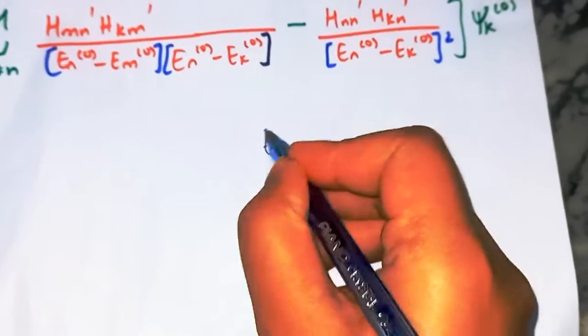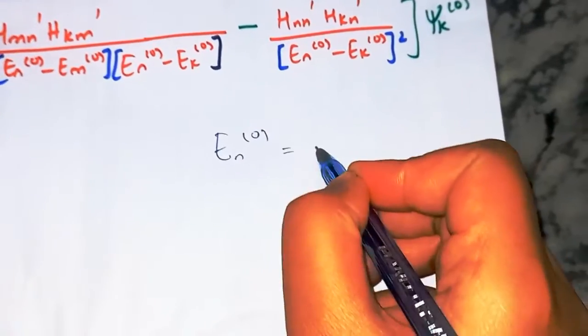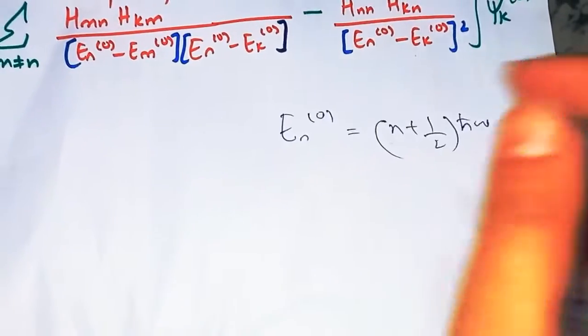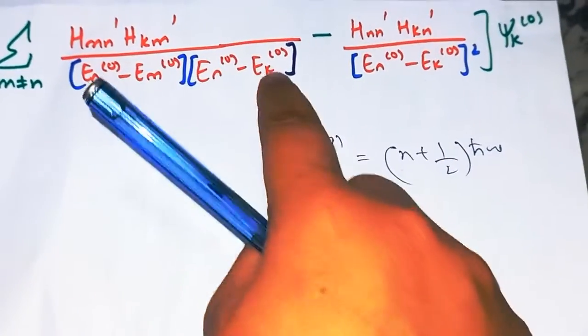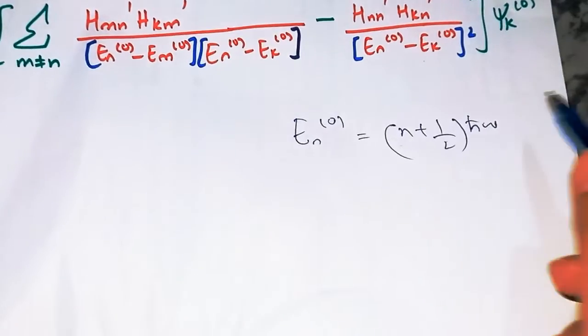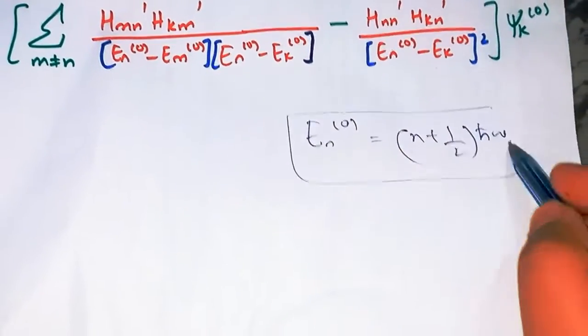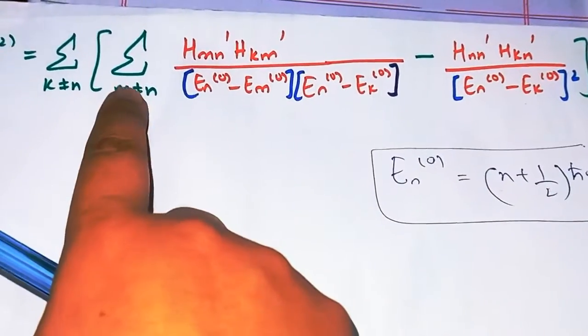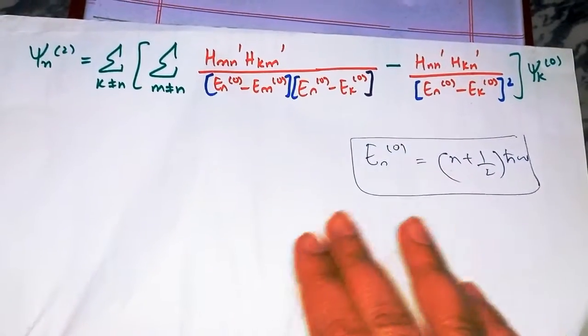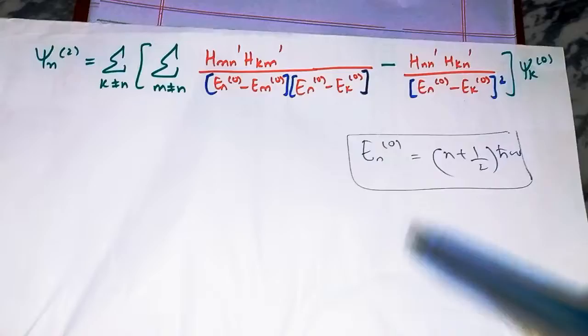For example, we know that En of 0 is simply equal to (n plus 1/2) h-bar omega. Just replacing n by m and k, you can easily find the energy for any state that is given to you. That's really easy to calculate, and we'll insert it after opening up these summations. So we don't need to do it right now. We'll do it later in the video.